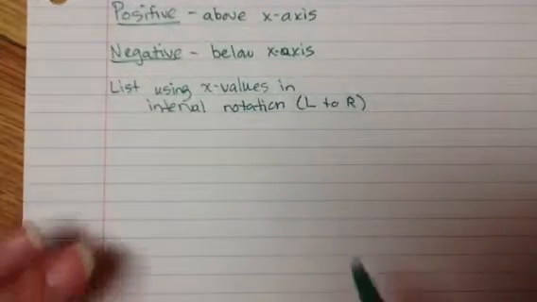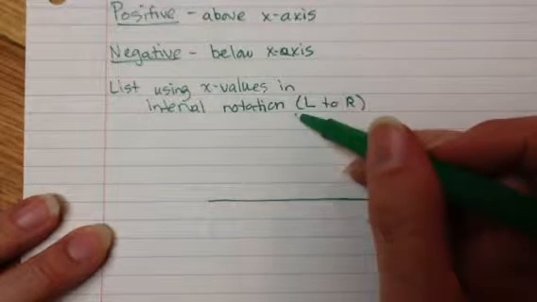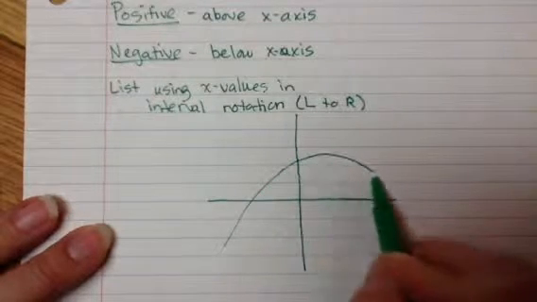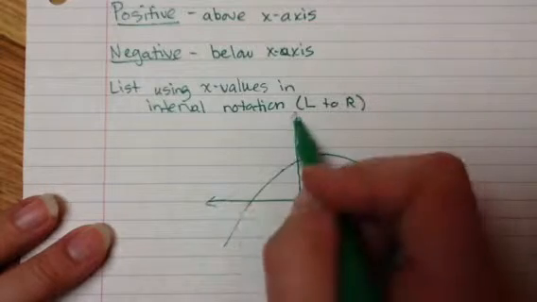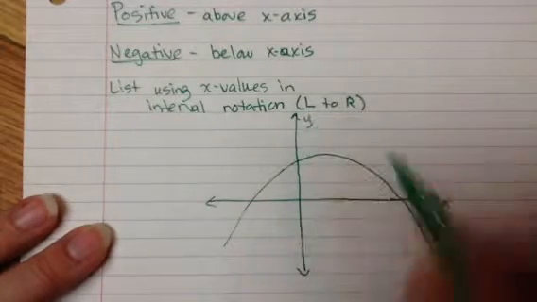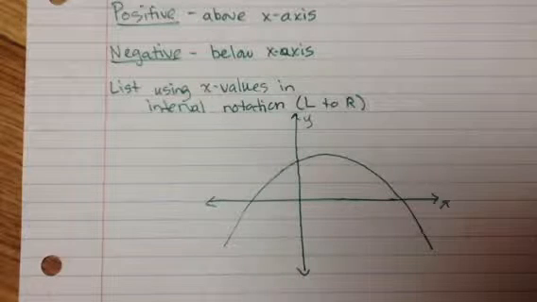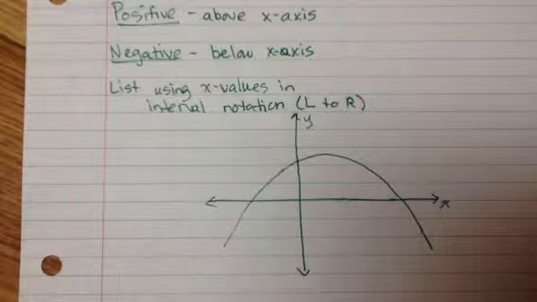Okay. So let's look at an example of a parabola. And let's say this parabola goes like that. So here's my x-axis and my y-axis. And what I'm interested in as far as where the graph is positive is when it is above the x-axis.